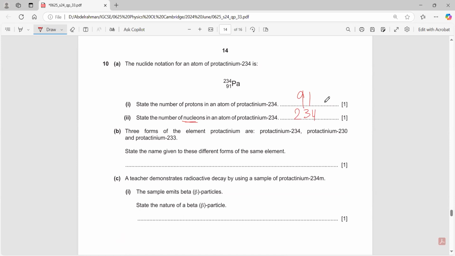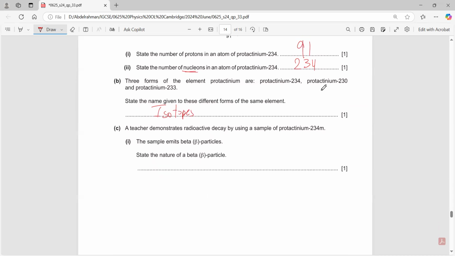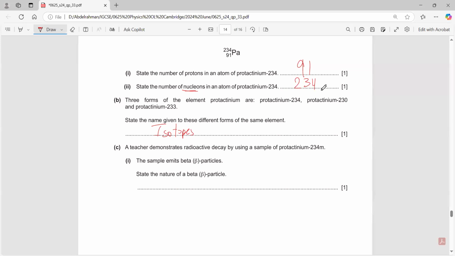Three forms of protactinium: 234, 230, and 233. What is the name given to these different forms? Isotopes. A teacher demonstrates radioactive decay by using a sample of protactinium-234.